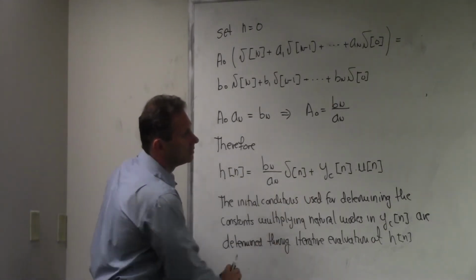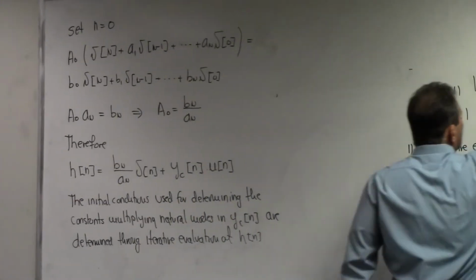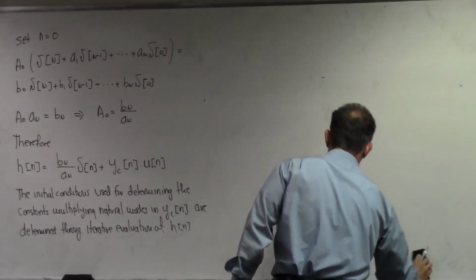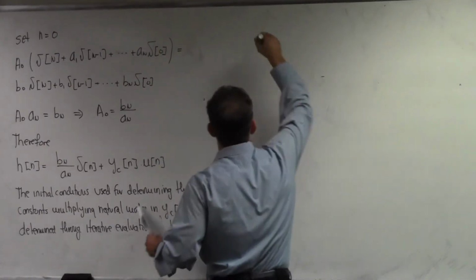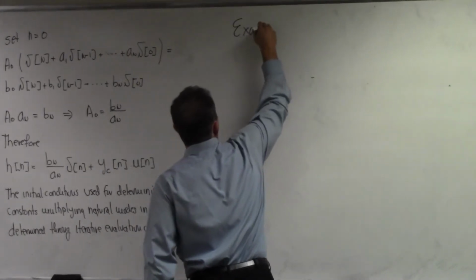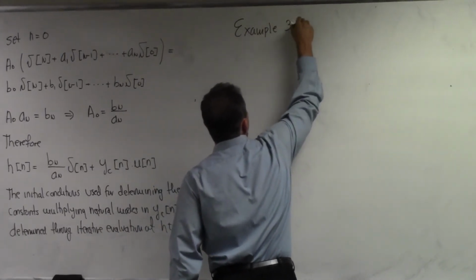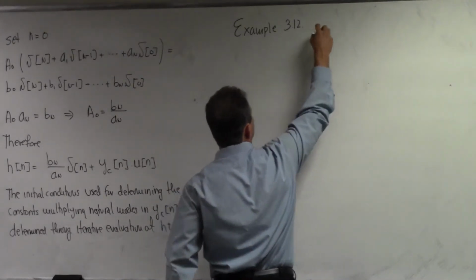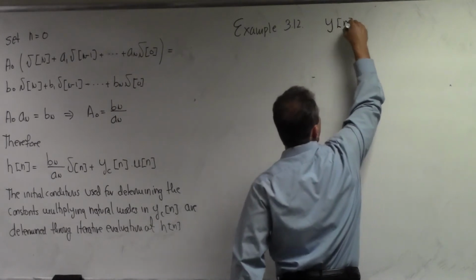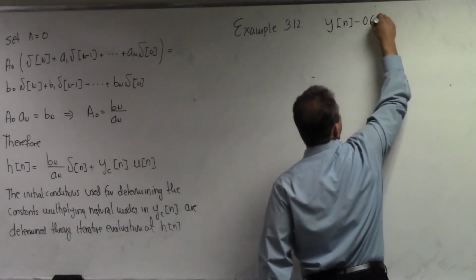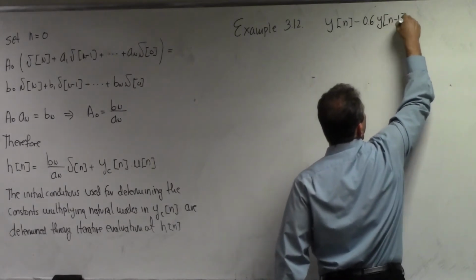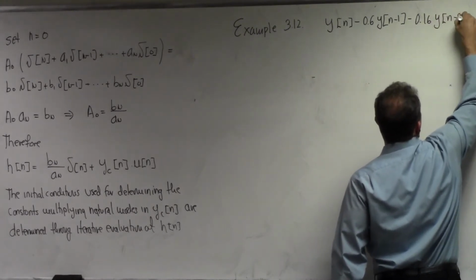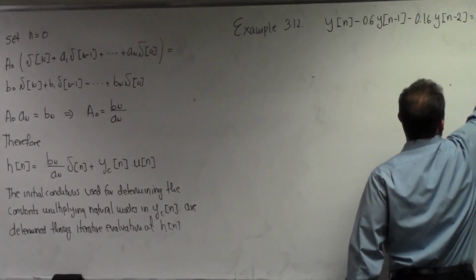So let me go through a simple example here that illustrates this process. So that's example 3.12 in the text. Consider the system given by difference equations. So we have y of n minus 0.6 y of n minus 1 minus 0.16 y of n minus 2 is equal to 5 times x of n.